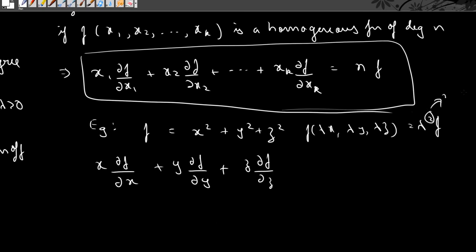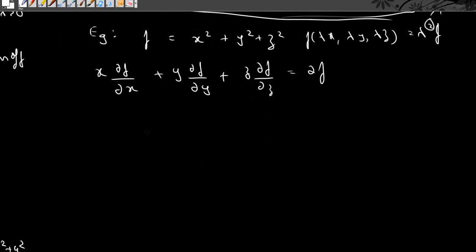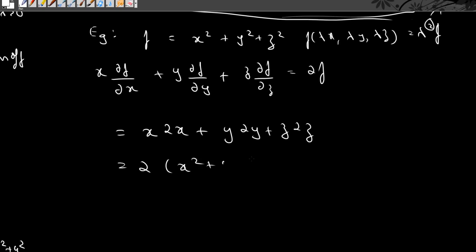So this degree n equal to 2, and this should be equal to 2 times f. Let us just verify that. This is equal to x times dou f by dou x, which is 2x, plus y times 2y plus z times 2z, which is 2 times x square plus y square plus z square, which is 2 times f.